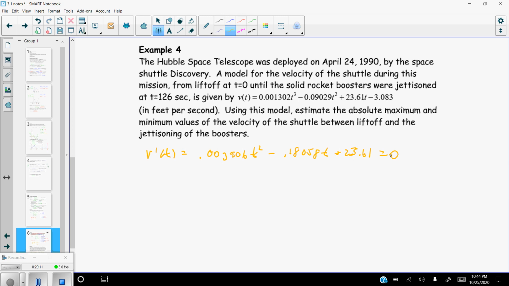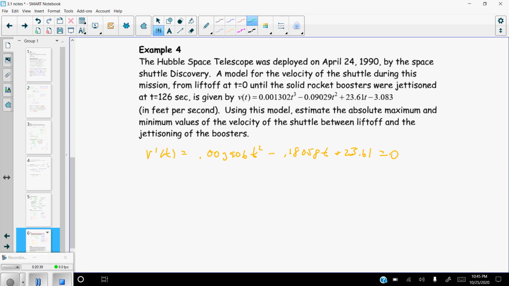When you do that, and again, be careful what you're looking at, you should notice that this thing never actually goes below the x-axis, meaning there are no critical values. You will not get any zeros for that derivative function. That means that the only possible places you could have an absolute max and an absolute min are at the endpoints. And they have given us the endpoints as t equals 0 and t equals 126.